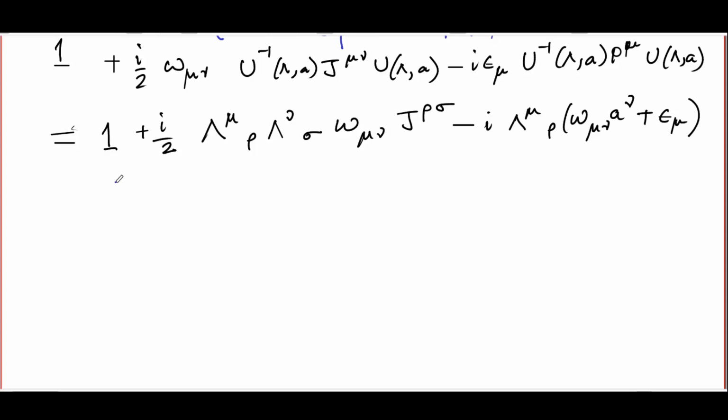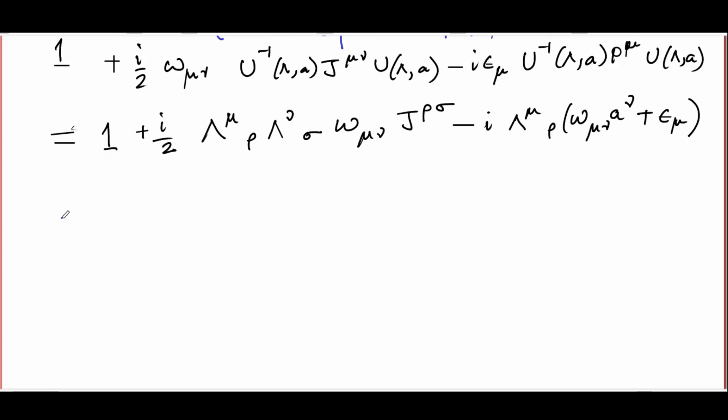On the other hand, you can also have a pure translation without a non-trivial Lorentz transformation. So you could have omega 0 and epsilon non-zero. What that means is terms with omega and epsilon have to match separately in this expression above.